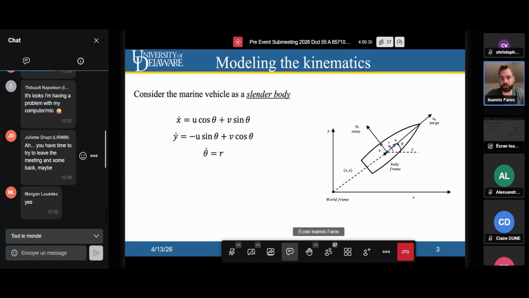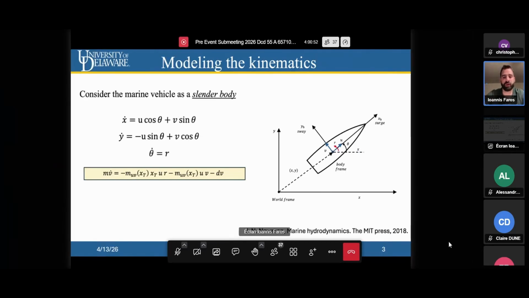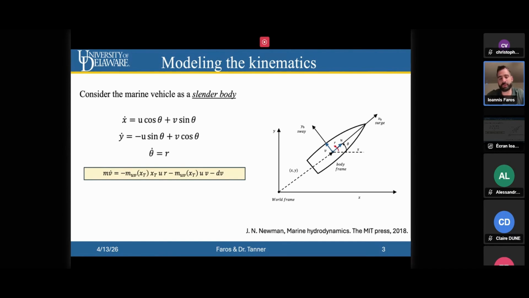kinematic equations. However, when we try to derive the constraint on the sway, we looked at the marine hydrodynamics of Newman, a principal book on marine hydrodynamics. If you take the surface integral along the hull and do some simplifications, you can derive this very interesting equation.